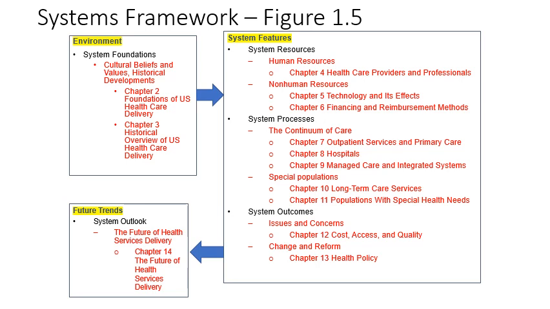We create policies, like Chapter 13 is about health policies. And how would that improve the health of the individual, the community, the society? Future trends is the system outlook, the future of health services. Chapter 14, how is this all going to look?